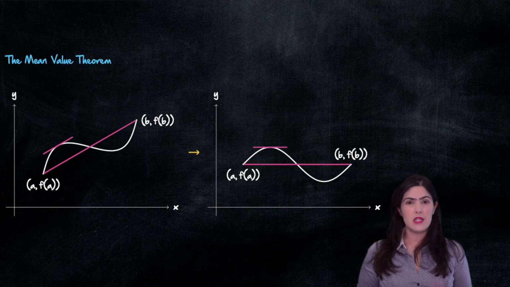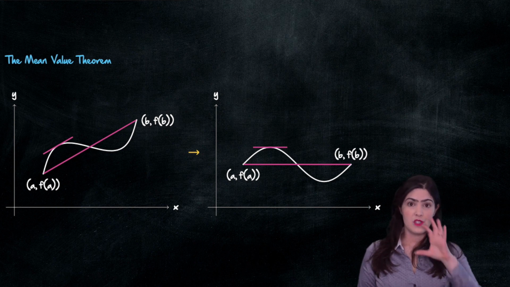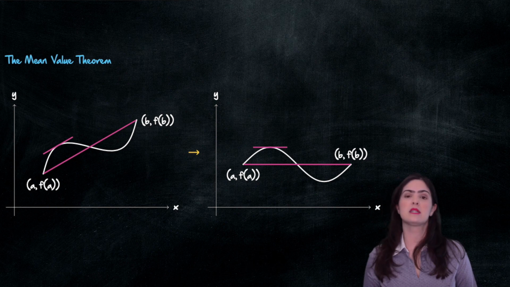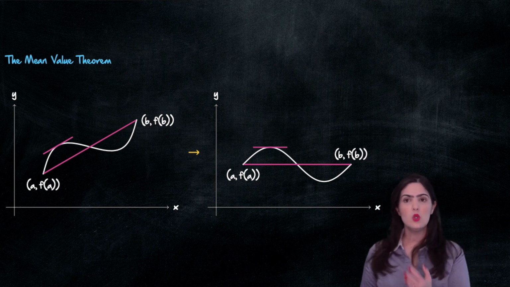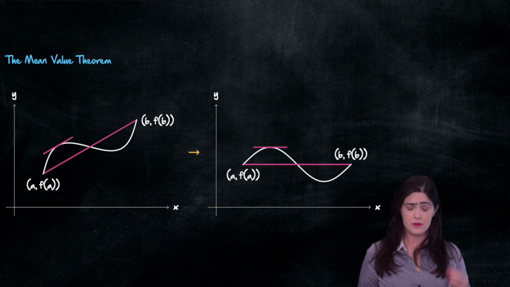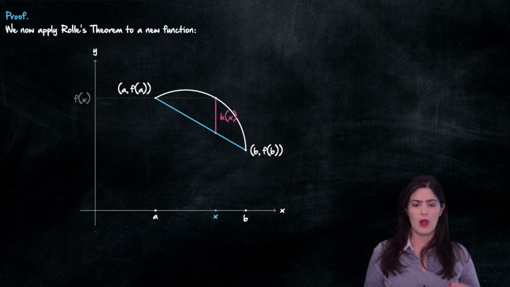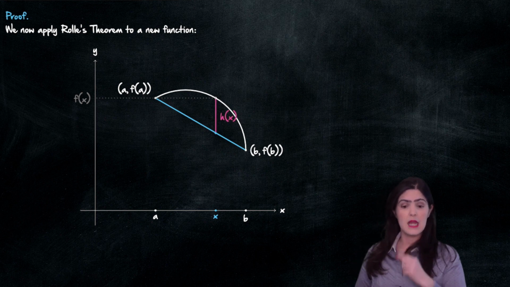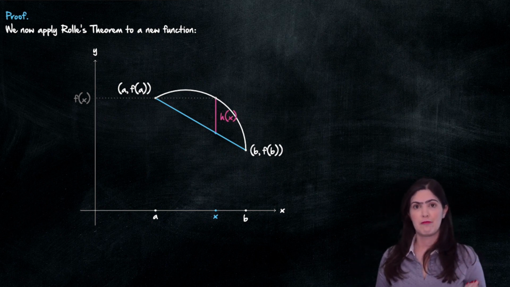So what we need to do is find a way of replicating the idea of taking the picture, rotating it or tilting your head a bit, and using Rolle's theorem. That is what the proof boils down to. So how can we do this? Here we have the graph of my function f.